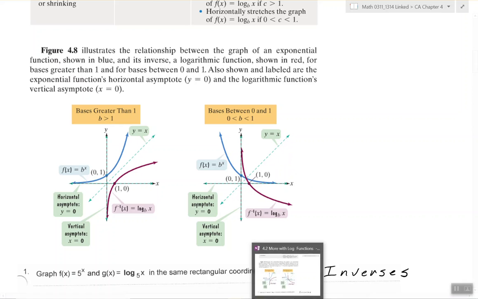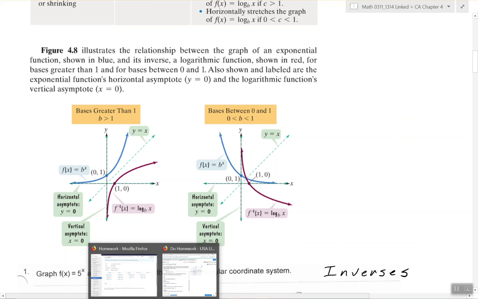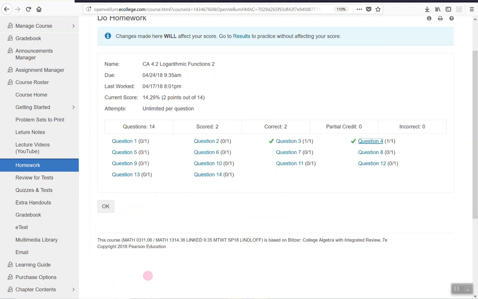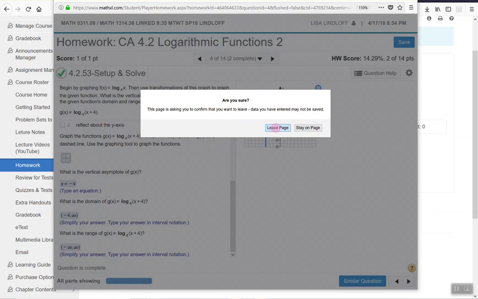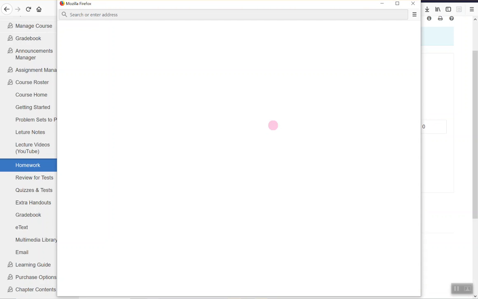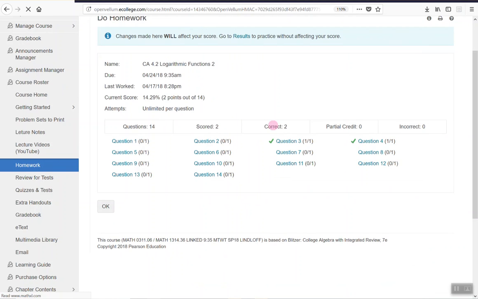Now I'm going to branch off to my math lab because I have realized it's very difficult to see those questions in my printed form.